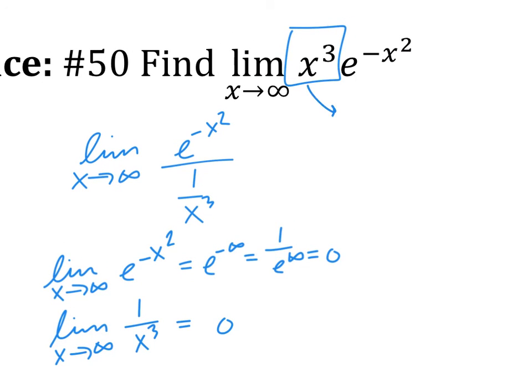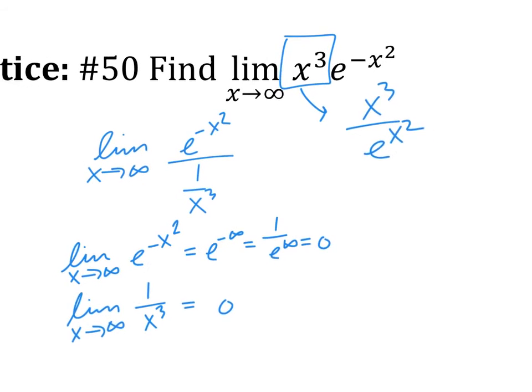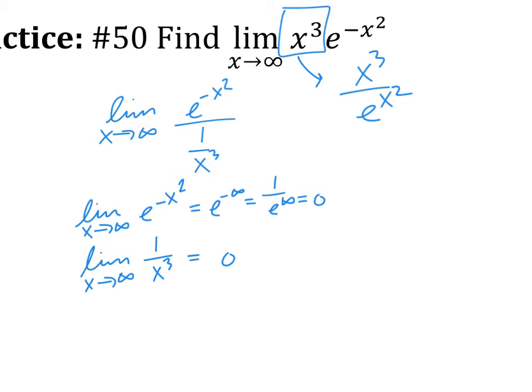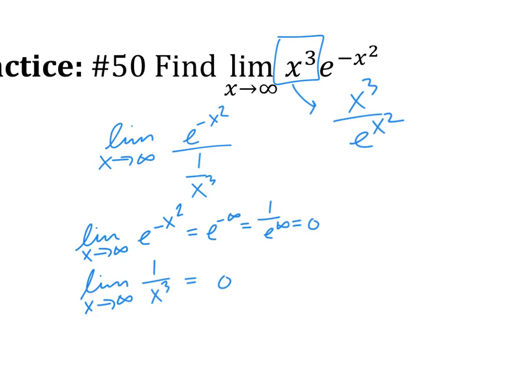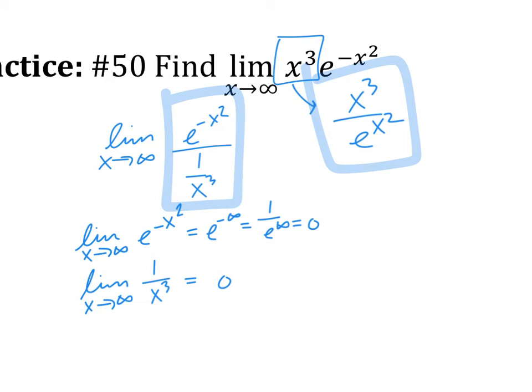If you did x cubed over e to the x squared, you would get infinity over infinity, yes. Okay, so you're going to have to use L'Hopital's rule. Go ahead and use L'Hopital's rule, either this one or this one. Either way, use L'Hopital's rule and find the limit.